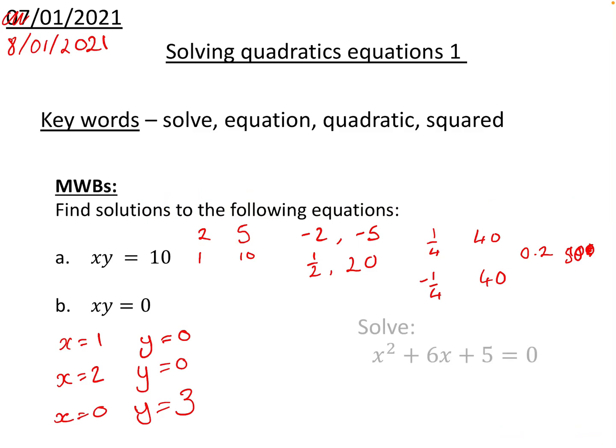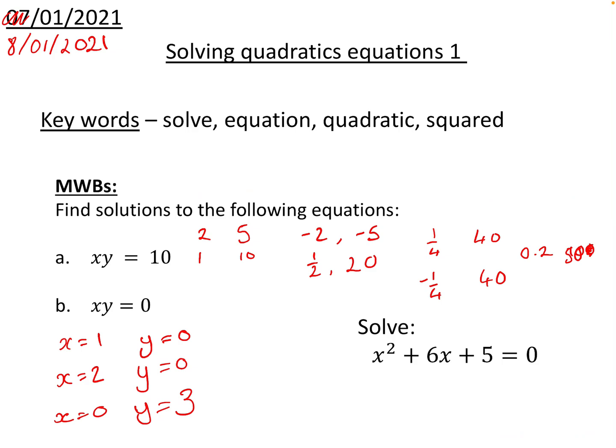So if I give you a quadratic equation now like this, and I want to know the solutions, well, because we've got x squared in here, this tells me that there are potentially up to 2 solutions. There might also be 1 or even none, and we will look at lessons later where there are no solutions to this and explore why that's the case.